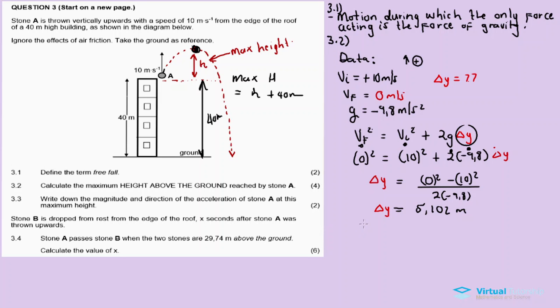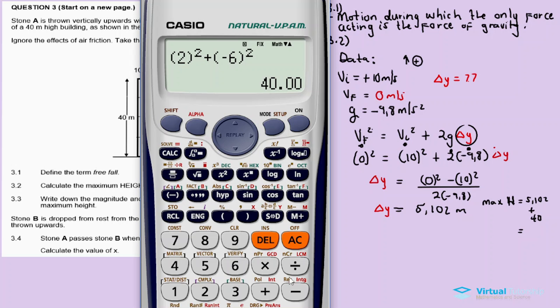So we must calculate the value again. The maximum height is equal to h, which is 5.102 plus 40. What's 40 plus 5.102?